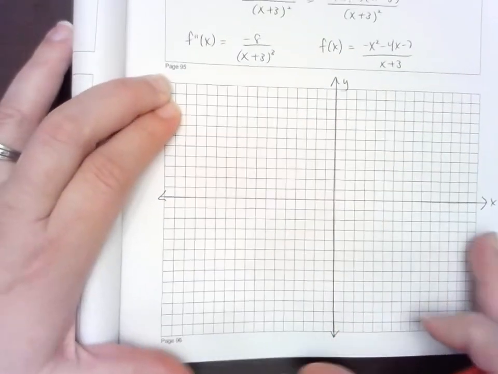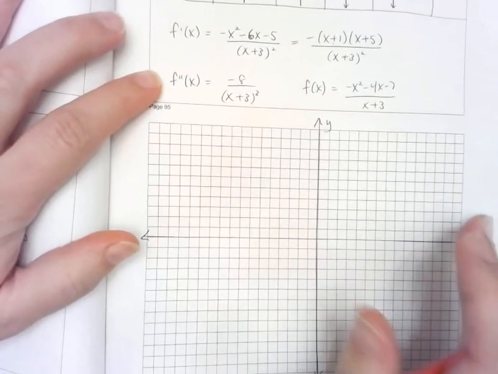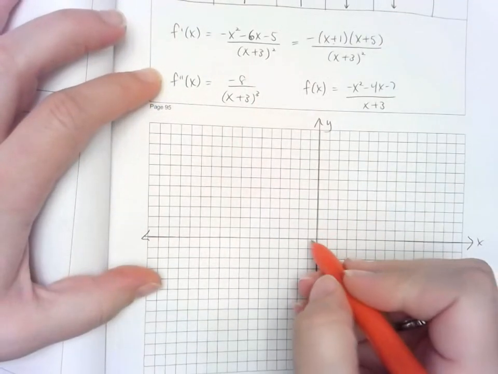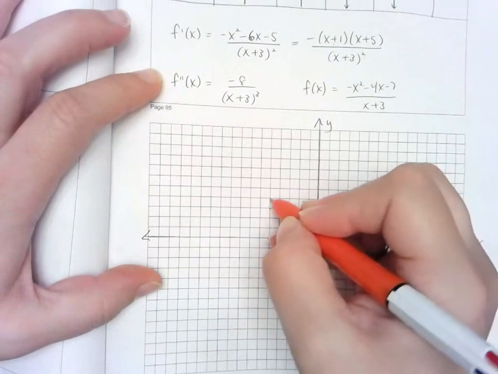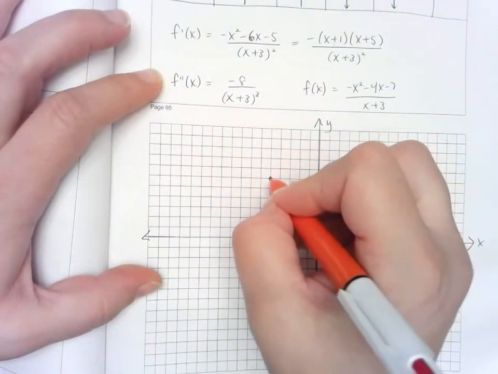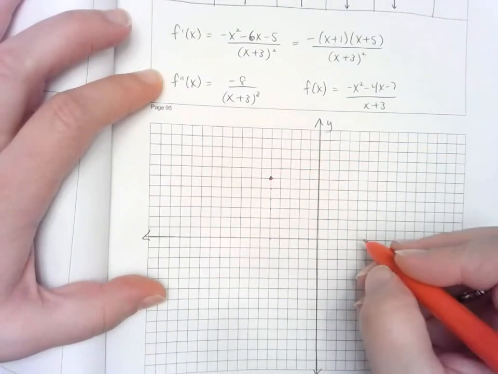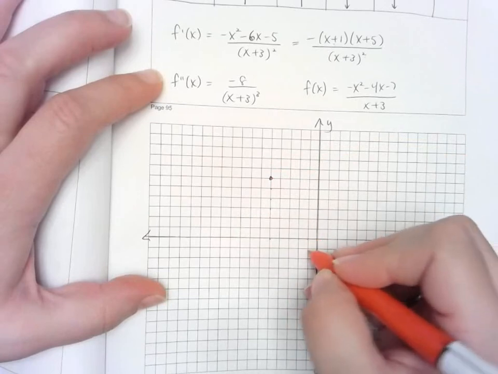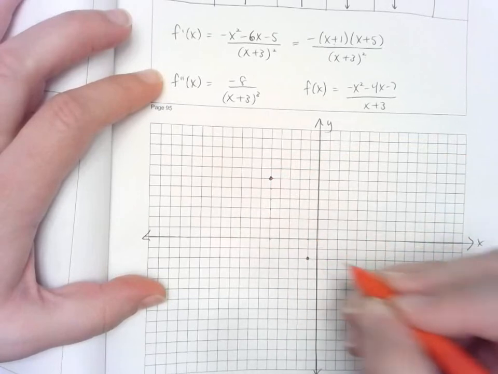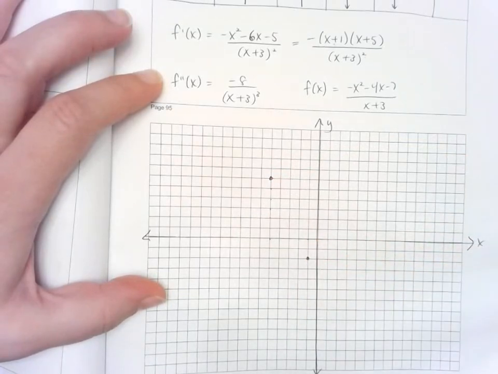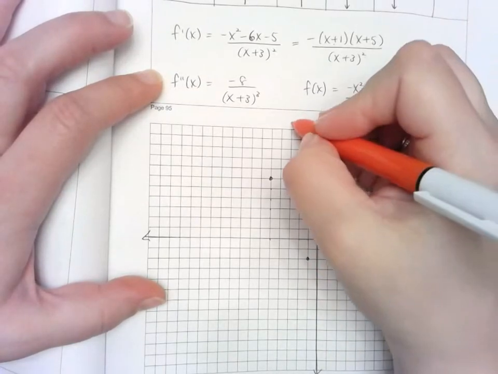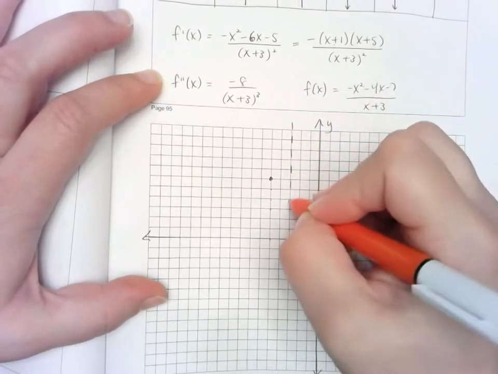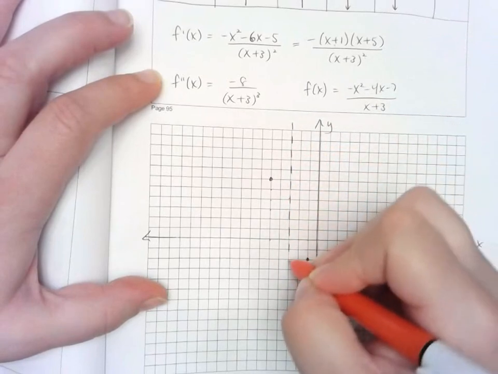I'm going to draw the points that we found to be significant. Points like -5, 6, -1, -2. We also had an asymptote at -3. X equals -3, so I'm going to draw that in.